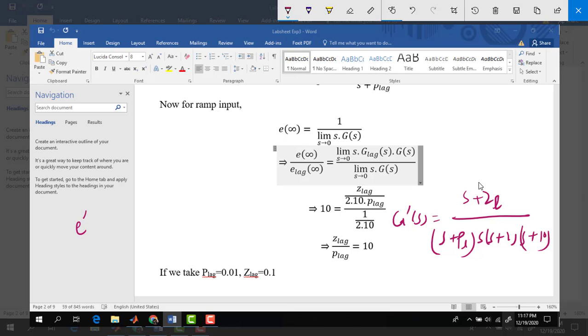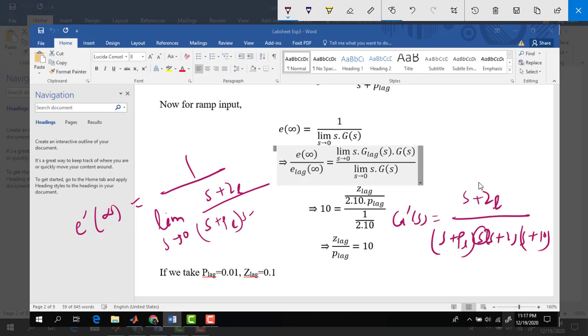So e dash infinity is equal to 1 by limit s tends to 0 of s multiplied by this one. There is an s here, so this s and this s will be cancelled out. So I'm just writing it like this: (s plus z lag) by (s plus p lag) into (s plus 2) into (s plus 10).